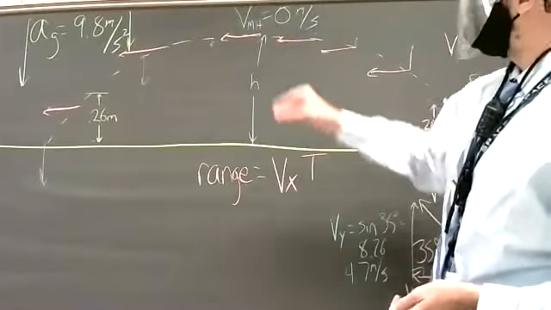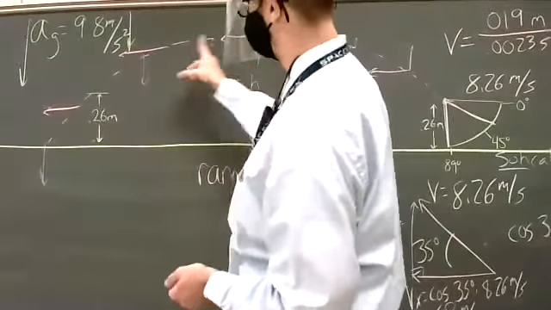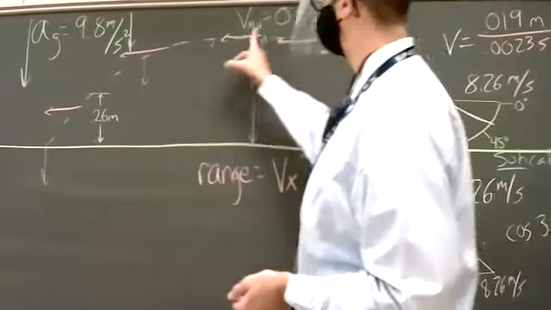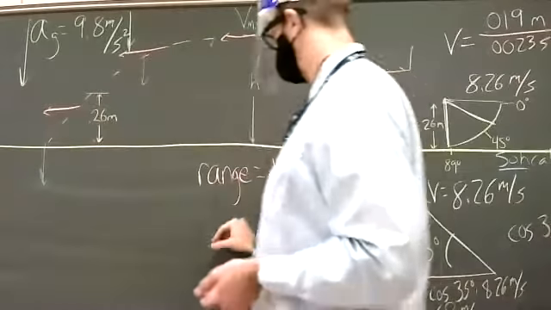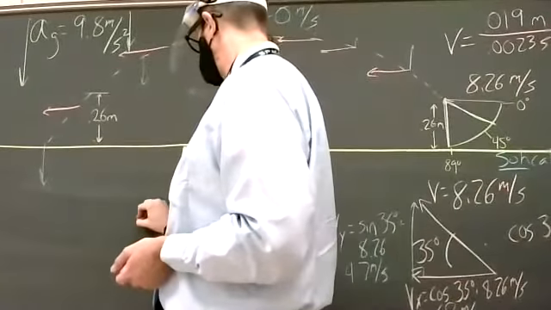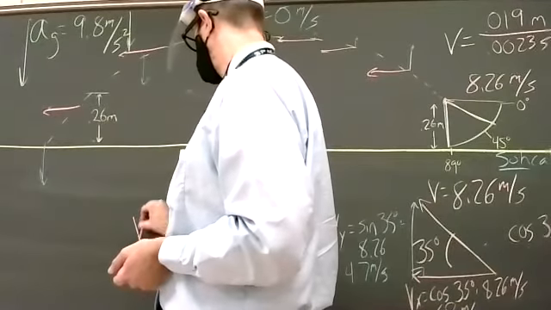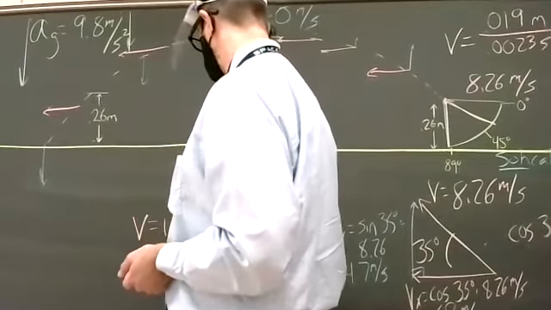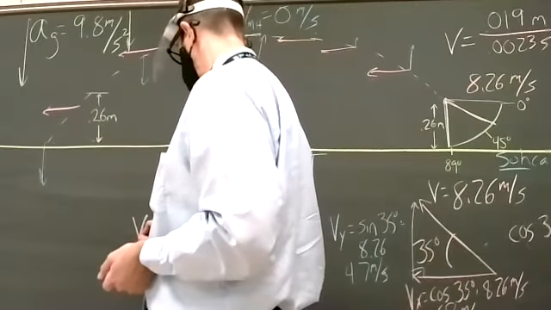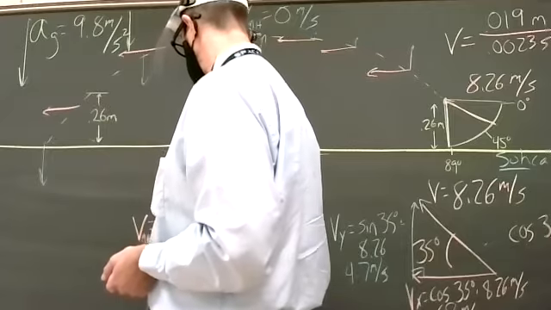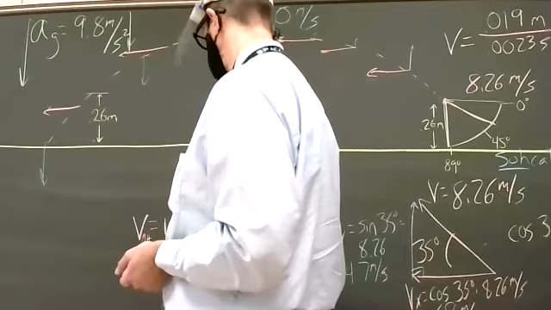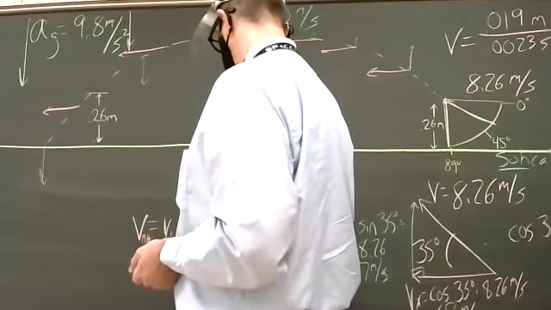So we'll calculate the time to max height, which is not the total time airborne. It's half of that time. The time to get here, we'll call it lowercase t. We can solve v to max height equals v initial plus acceleration times time.